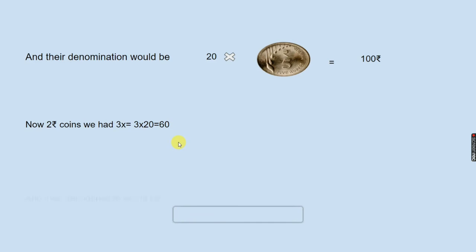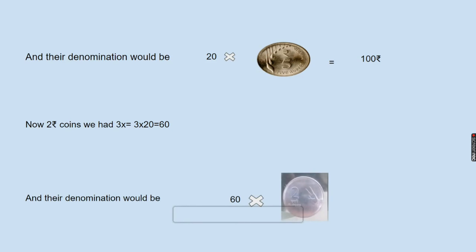So we had 2 rupees coins, but in how many numbers? That is, we had 60 coins. Now 60 multiplied by 2 rupees is equal to 120 rupees. It means the denomination of 2 rupees coins was 120 rupees.